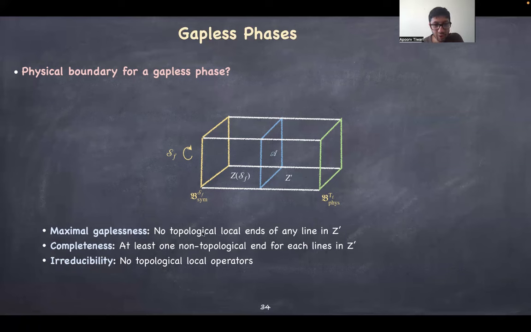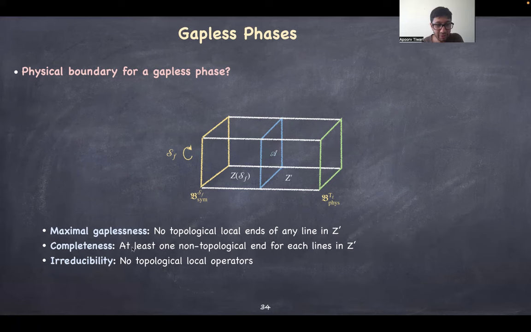The first is that there should be no topological local ends of any line inside this reduced topological order. This is just the condition that if there would be some additional objects that were condensed, and we're requiring maximal gaplessness, you could always just include them in the condensable algebra.